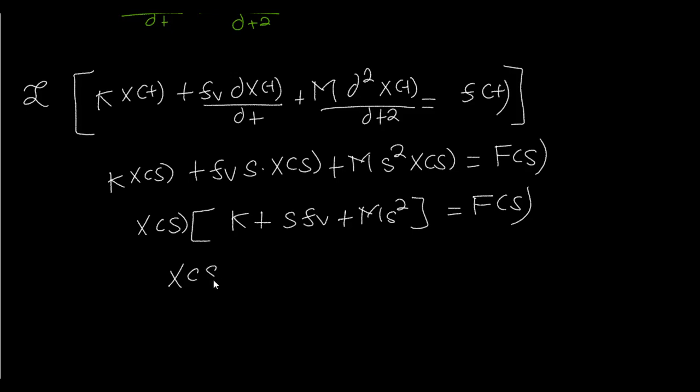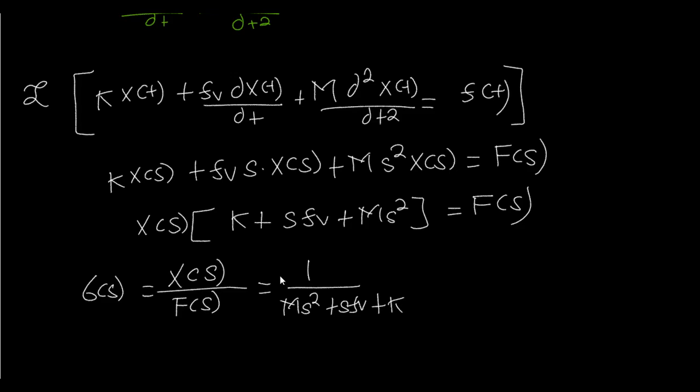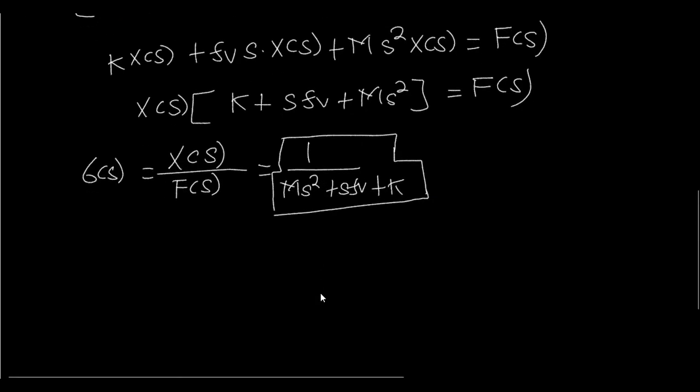And transfer function natin X of s over F of s, usually dinedenote natin as G of s, equals 1 over m s squared plus s Fv plus K. Ugaliin nyo na from higher degree to lower degree yung pagsulat nyo ng polynomial equation. Okay? So, yan yung transfer function natin.